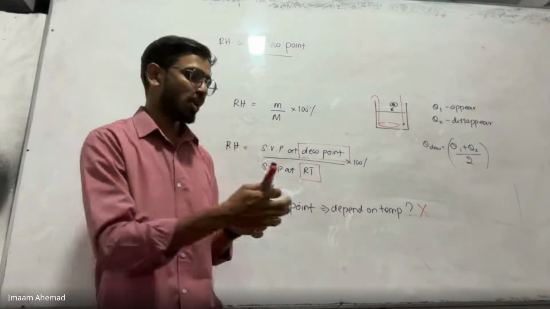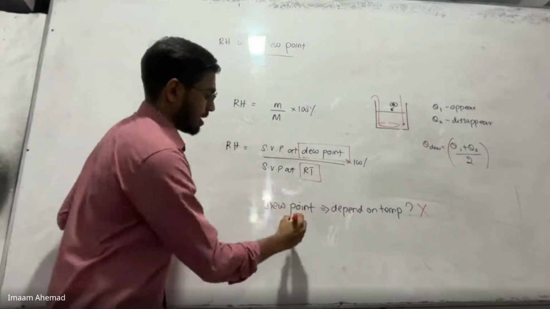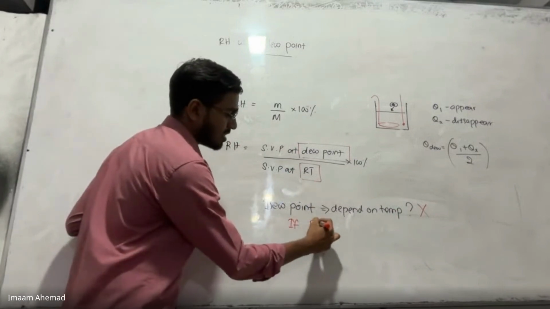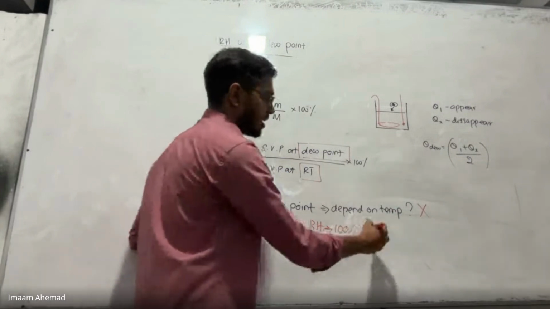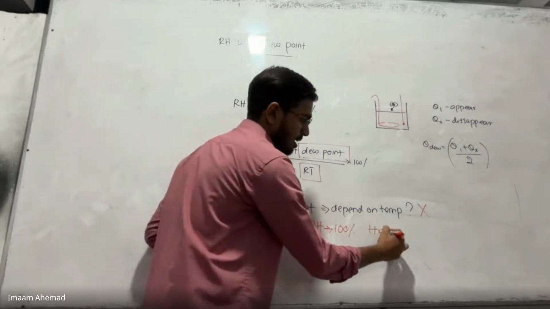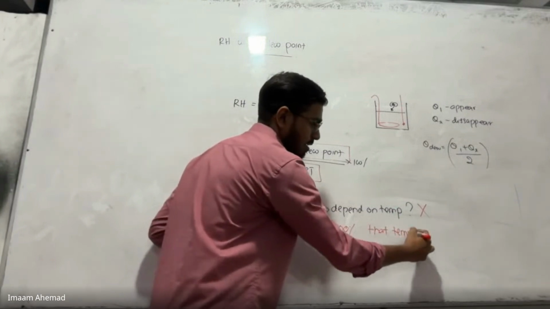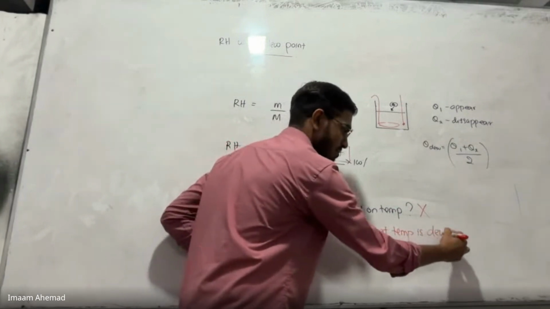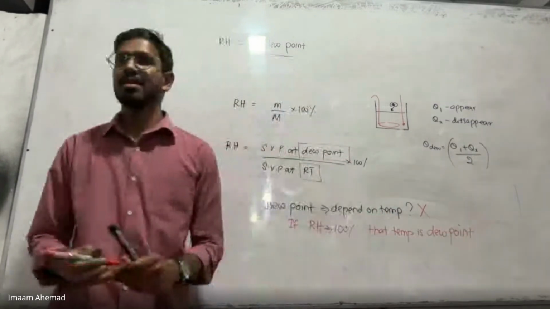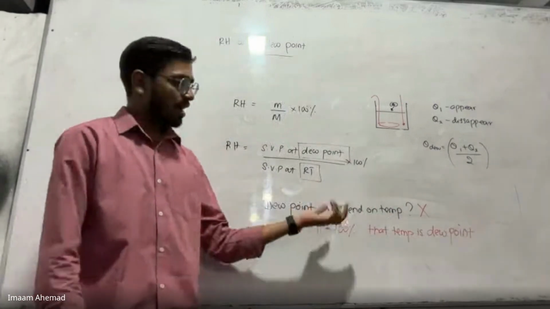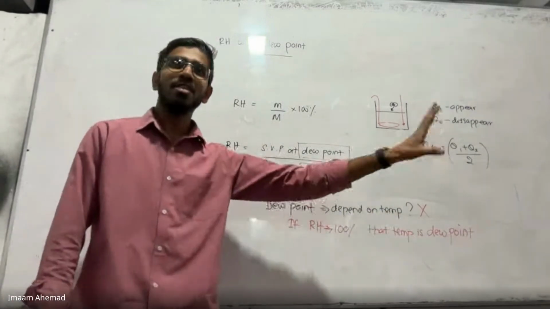We get the dew point if RH is 100%. If RH is 100%, that temperature is the dew point.